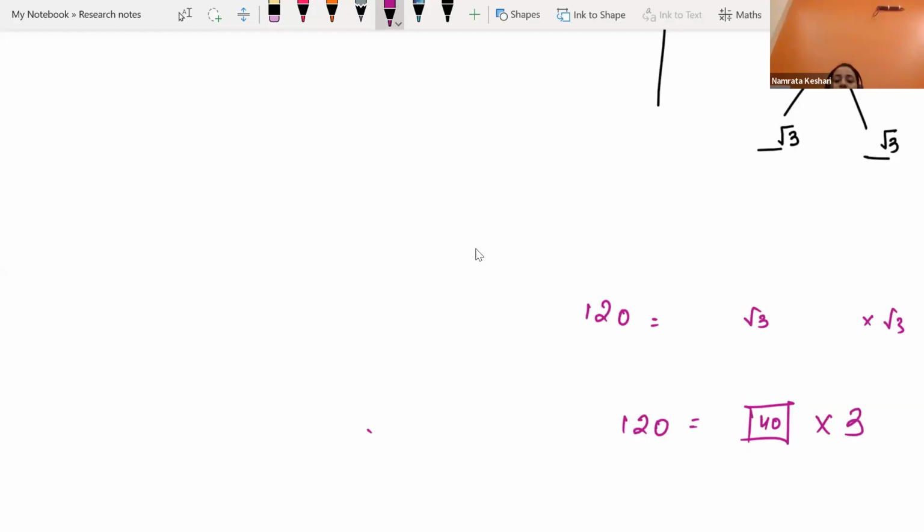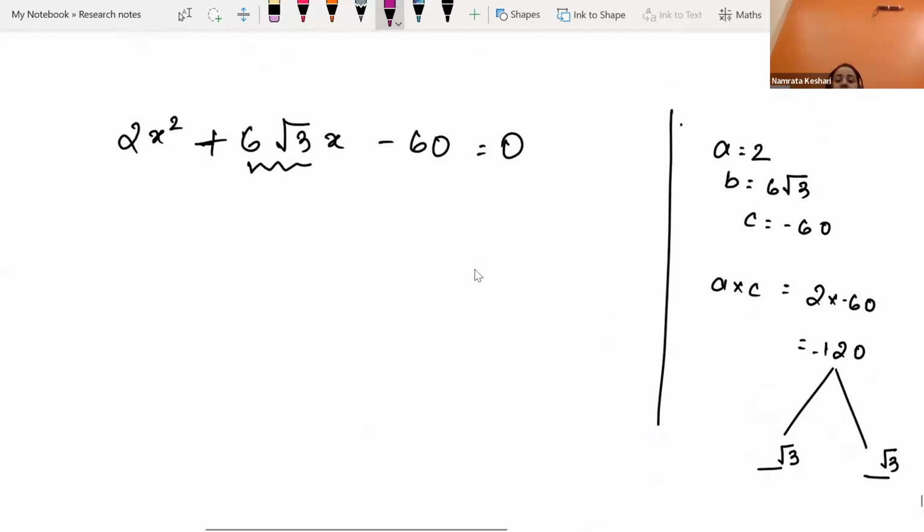Yeah. So let's get back over here. 3 we are already creating by writing this root 3. We need to create 40, right? Yeah, so we need to create 40 over here. Now the question is you need to find two such numbers. Root 3 and root 3 will be there, and we understand both the terms will be having x and x.